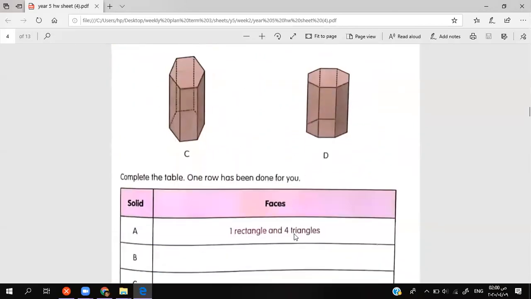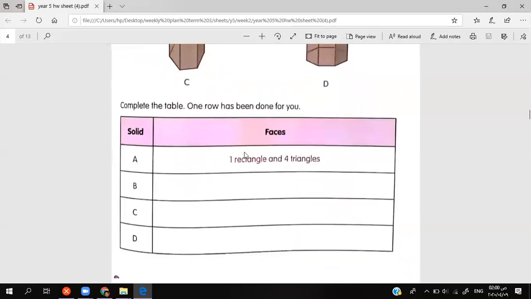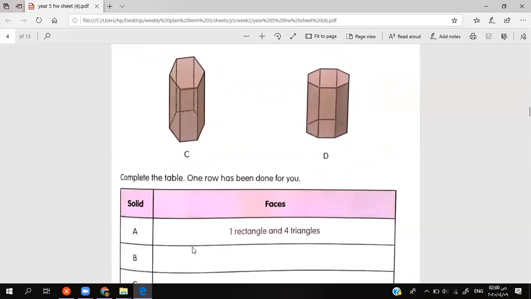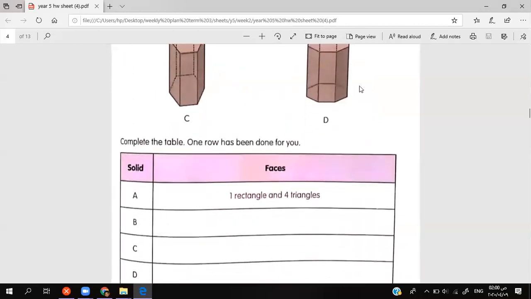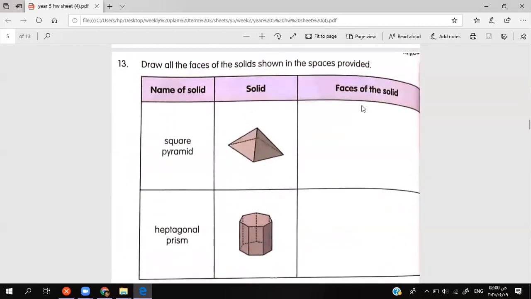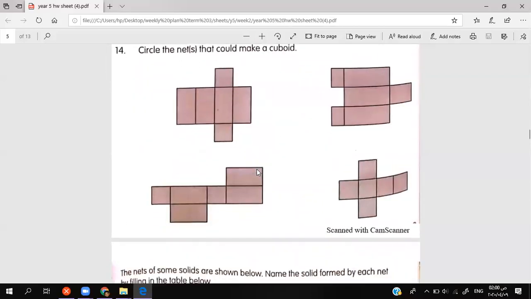Look at these solids. Okay, you will write the faces, for example number A: 1 rectangle and 4 triangles. Here the base is a rectangle and the faces are triangles. You will describe each one. I'll give you an example, B: 2 triangular faces and 3 rectangles. 2 triangles and 3 rectangles. Describe C and D. Here too, say the faces of the solid. I'll say 1 square here and 4 triangles. Describe this one.